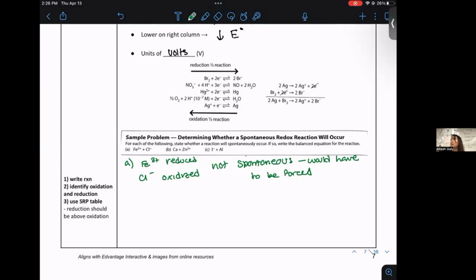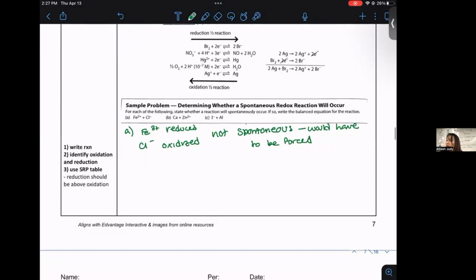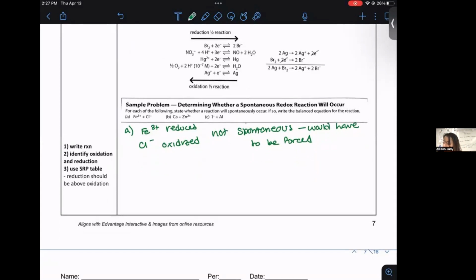That's a natural, spontaneous process. But if you have to take electrons from your oxidation species above and push them down to the reduction species, that requires an outside driving force. That's not spontaneous for super voluminous, airy electrons. So it could happen, but you'd have to force it. So A is not spontaneous.